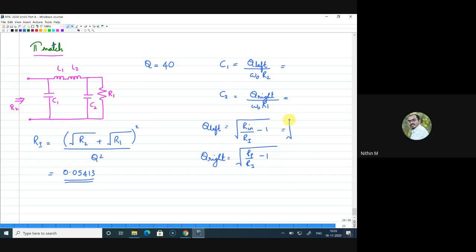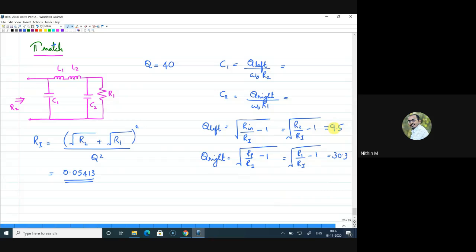What is Rin in this case? Rin is actually R2 by Ri minus 1, and this is R1 by Ri minus 1. This will give you the values of Q left and Q right. Q left is around 9.5 and Q right is 30.3.